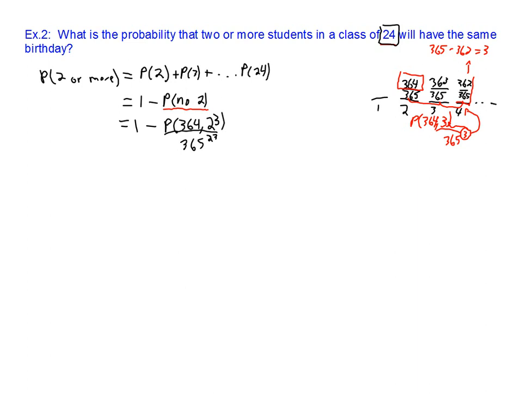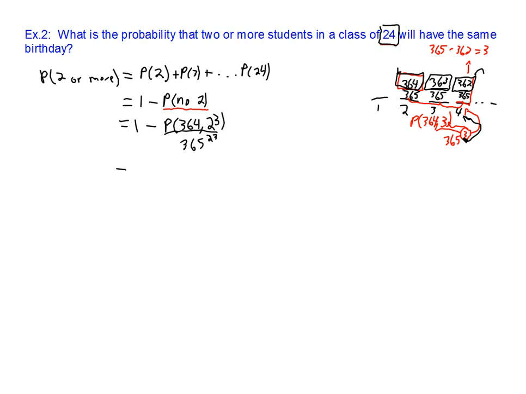The exponent on the 365 in our example was 1 less than the number of people, and the number of items we were taking for our permutation was also 1 less than the number of people. So there were 4 people, but we only did a permutation taking 3 items, because that first person gets first dibs at a birthday.